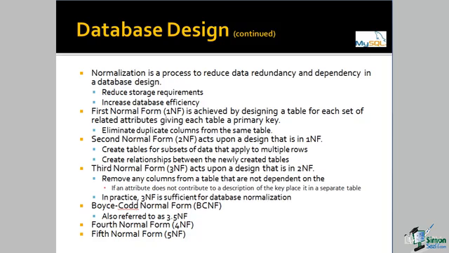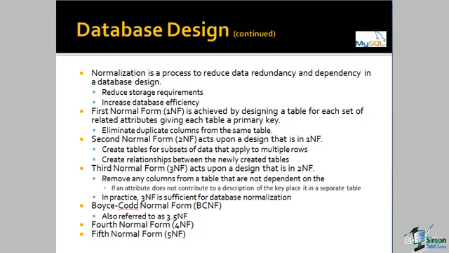We're going to limit our discussion to the most prominent normalization form, which is third normal form. So we're going to take a database and go from first normal form. We're going to transition that database design to second normal form and then to third normal form.